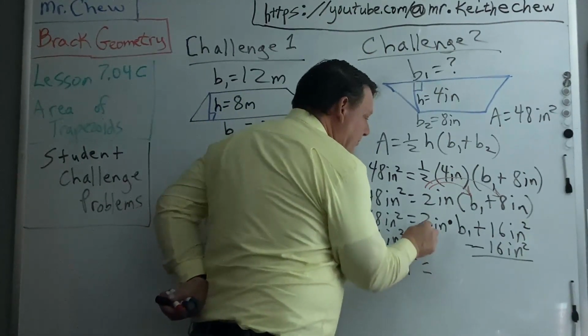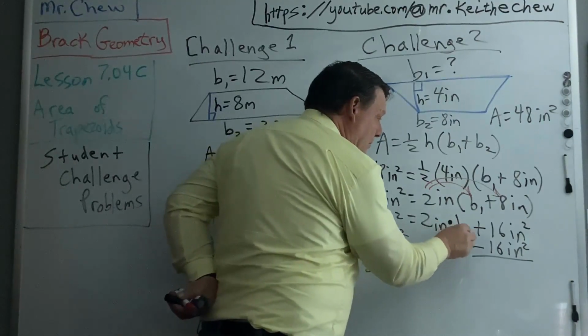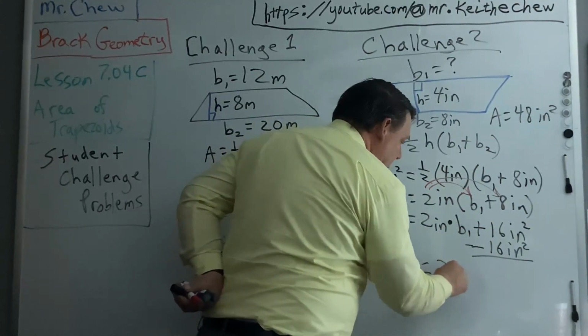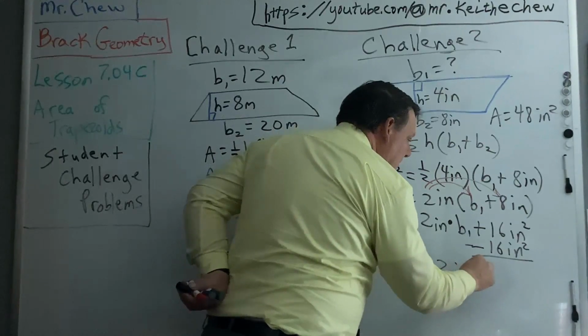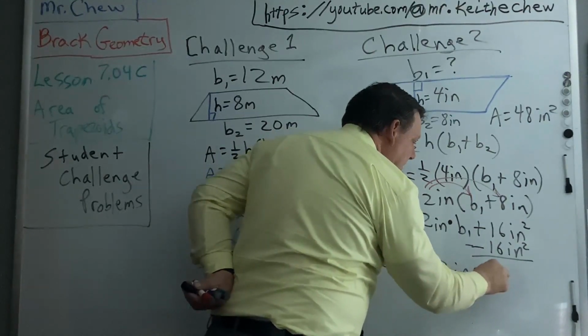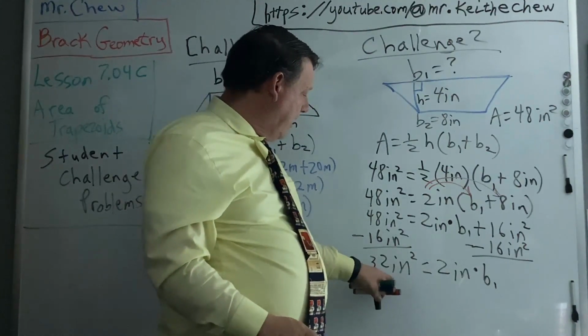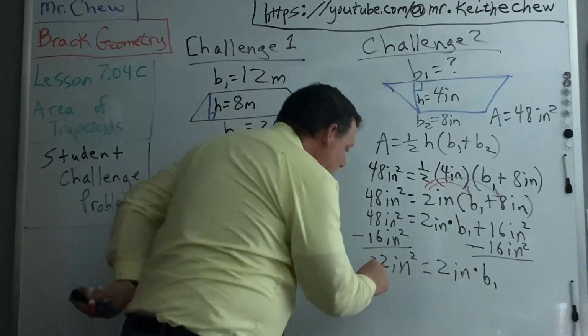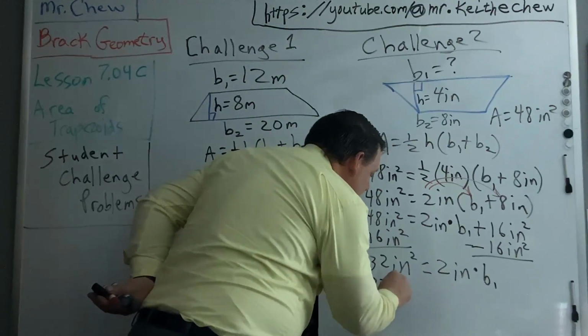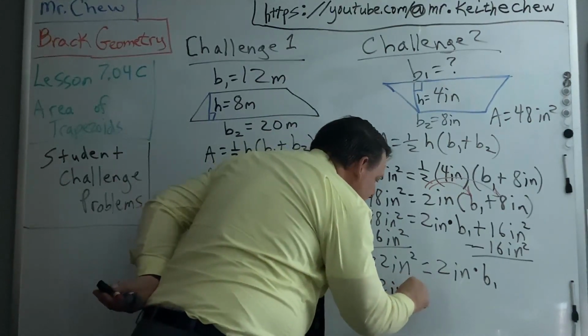And that equals 2 inches times b sub 1 plus 0, which is 2 inches times b sub 1. Now I can write 32 inches squared as 32 inches times inches.